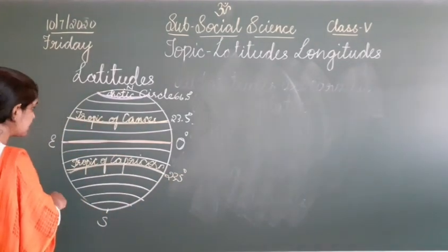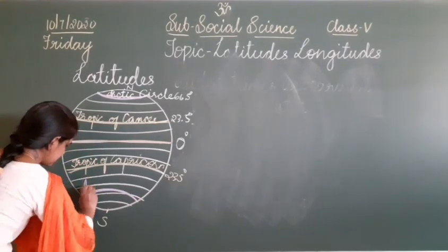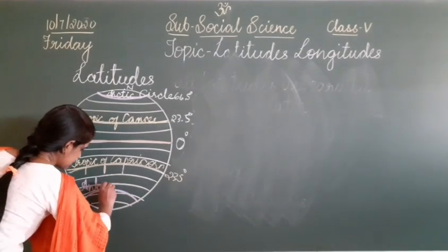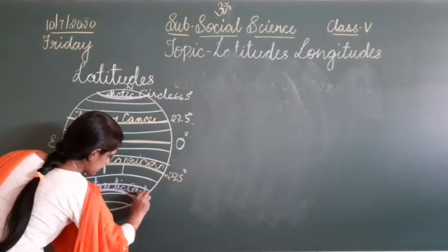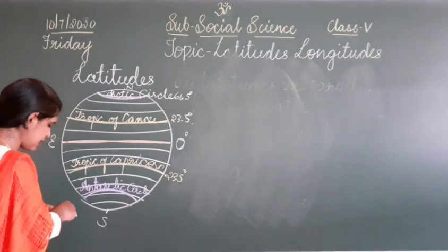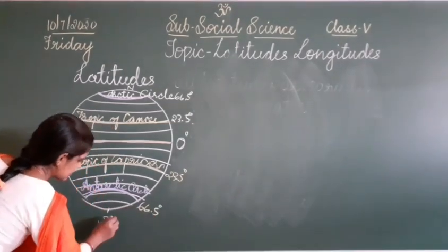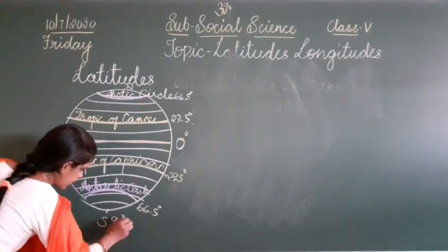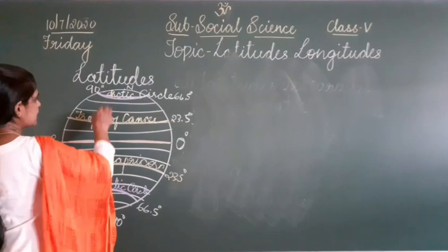The next is the Antarctic Circle. That is also at 66.5 degrees, and our South Pole is 90 degrees, North Pole 90 degrees.